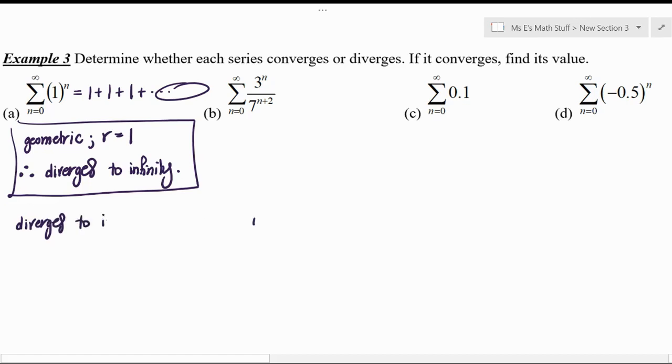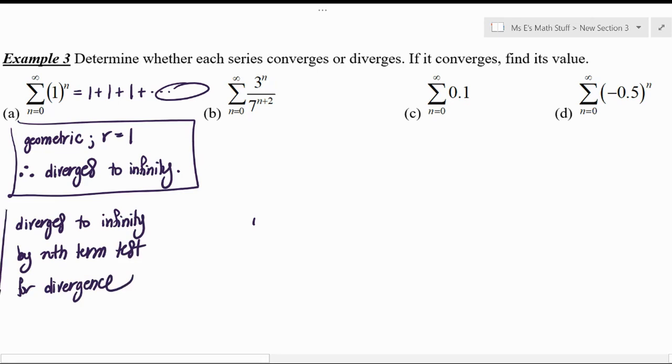Now, I could tell that it diverges to infinity because I expanded the terms, but it diverges by the nth term test. And never just stop after saying test there. Always say for divergence. So either of those explanations would do it.